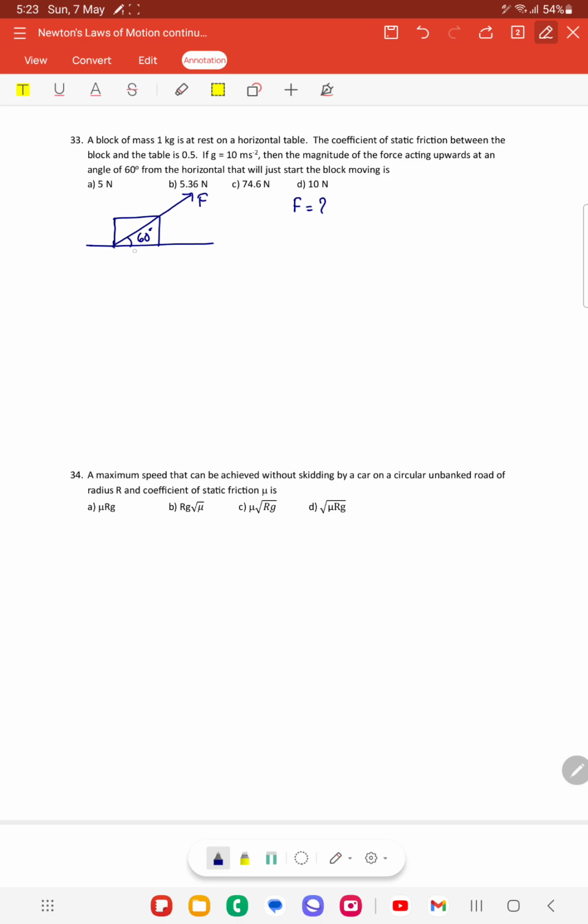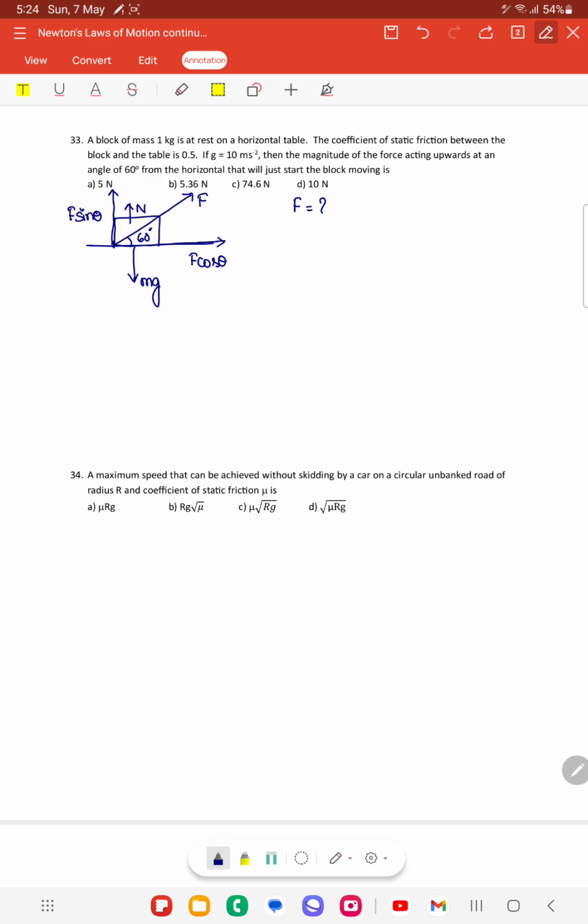When we consider the forces acting, they are the weight of the block, that is mg vertically downwards, and the normal reaction N upwards. F has two components: along the horizontal we have F cos theta, and along the vertical we have F sin theta.